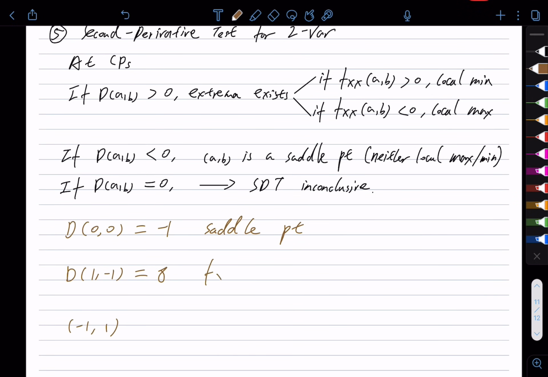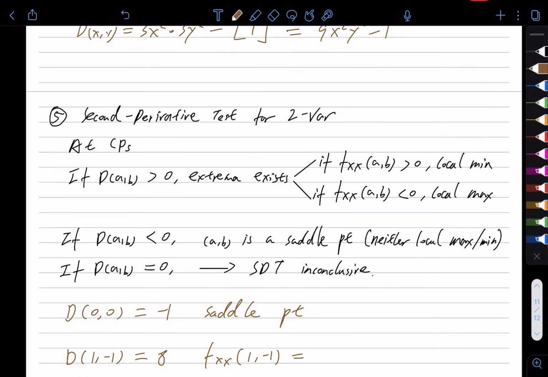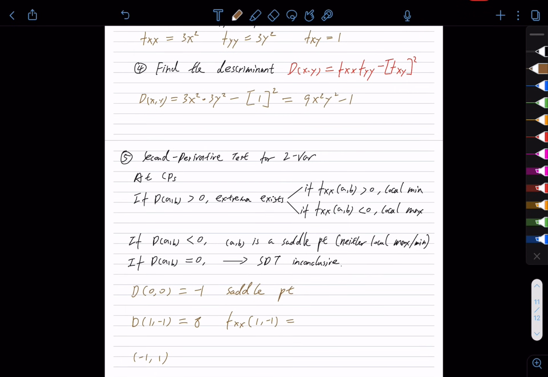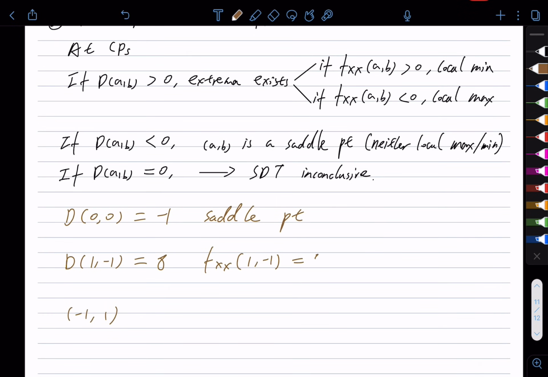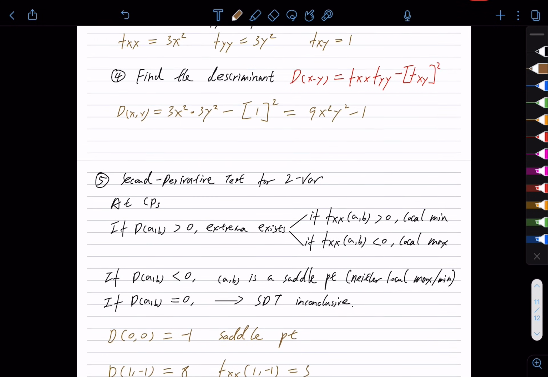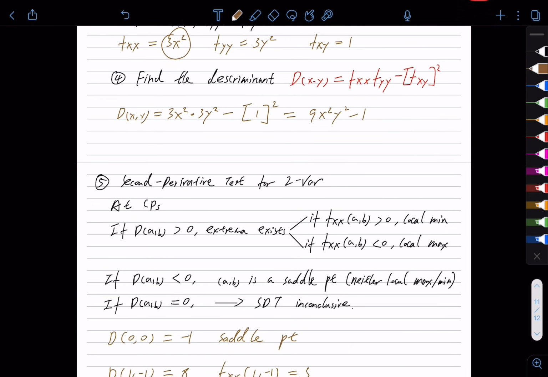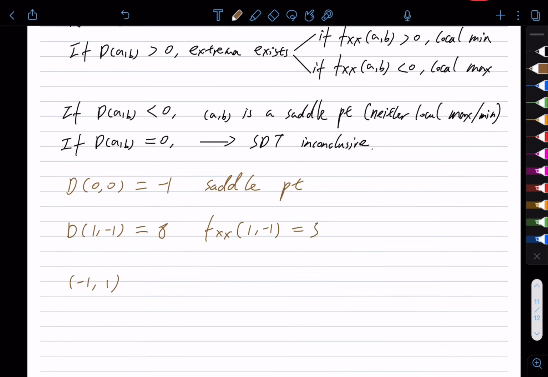So fxx at (1, -1) will give us 3. We just plug in 1 right here at the top. So we're going to get 3, so this will give us a local minimum.